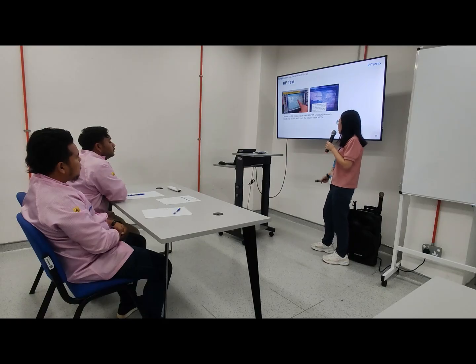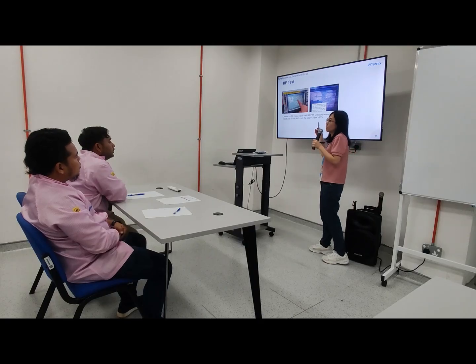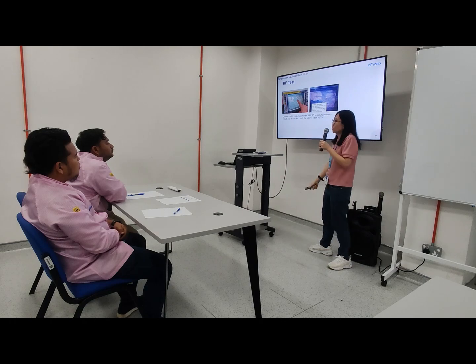The percentage must not be less than 95, meaning it must be higher than 95. We adjust the sensitivity to above 110, with the relative value not less than 95%. And then we adjust from negative 110 to negative 115 to check where the highest sensitivity value is. Okay?